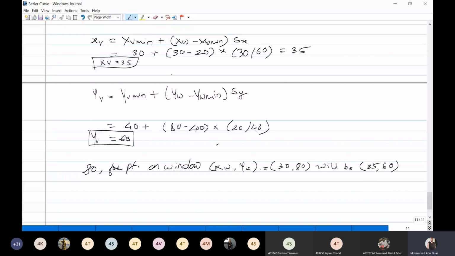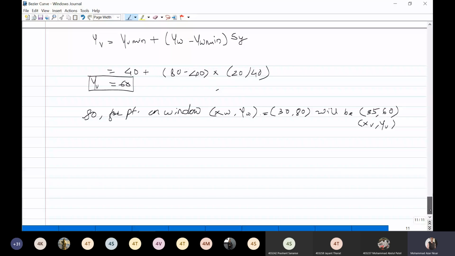That is nothing but xv value and yv value. So in this way point clipping can be used to solve the problems. Some points are given to you with respect to x and y, and you have to solve this in this way.